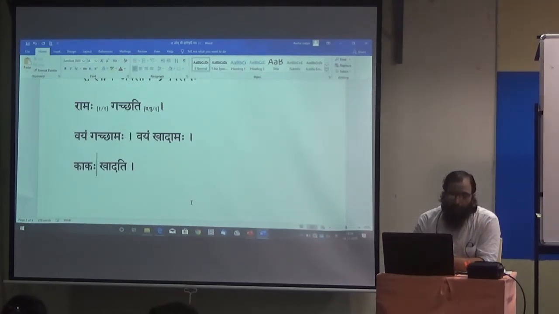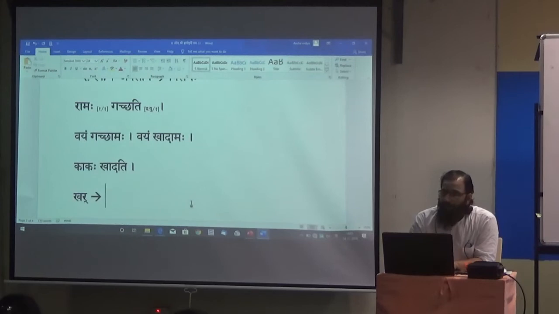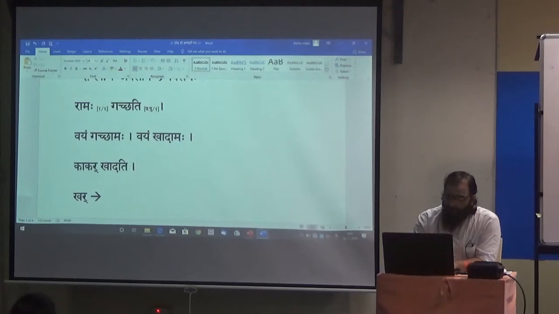The second possibility is Padanta Repa when it is followed by a kar letter. What are the kar letters? Hard consonants: the first and second letters of all the classes, and the sibilants. When it is followed by a hard consonant, as in Kakar, Kadati, what happens?